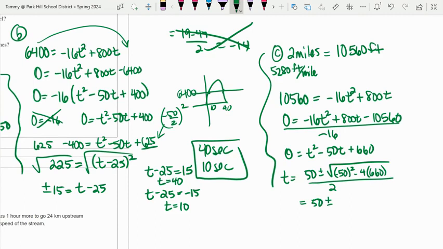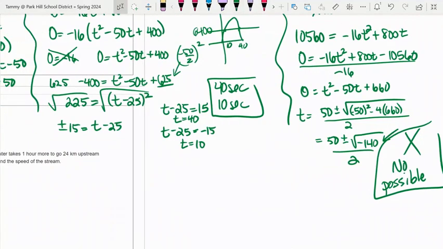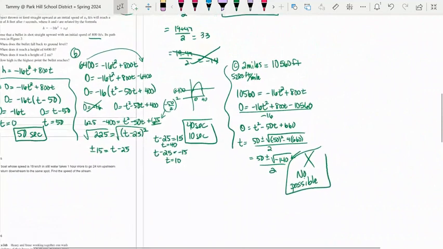Under the square root, negative 50 squared minus 4 times 660, I got negative 140. So I have a square root of a negative number. This is not possible, so no solution. It will never reach a height of 2 miles. Seems a little unrealistic anyway.